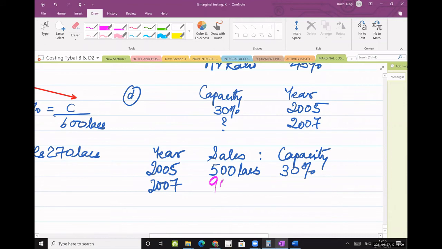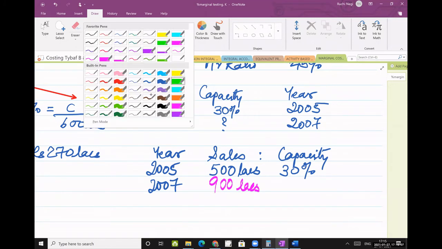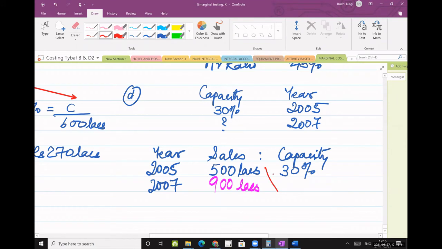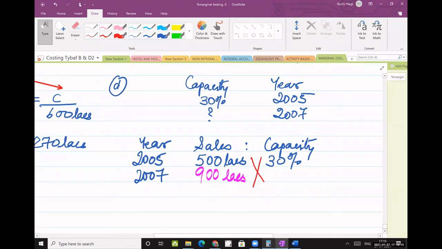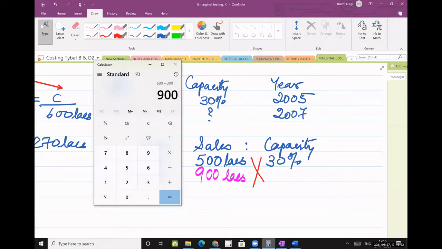So if 900 is the sales of 2007, what's the capacity? So cross multiply. Got it? Cross multiply the figure, you will get the answer. Are you understanding? This is linked with this information, the capacity one. So cross multiply 900 into 30 divided by 500.